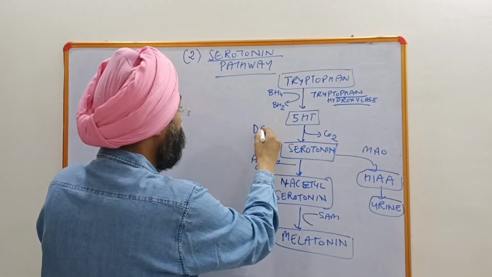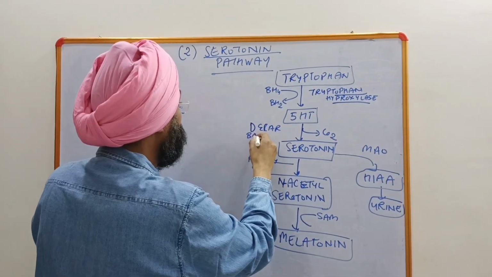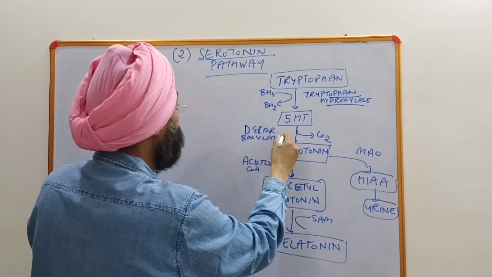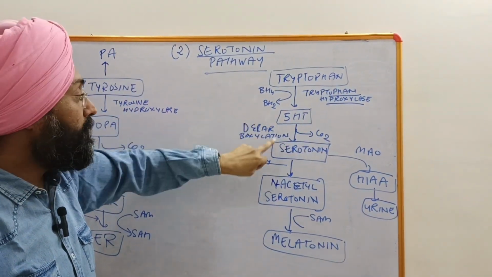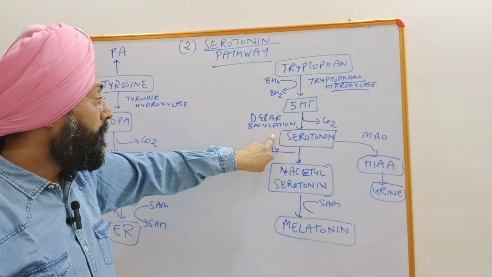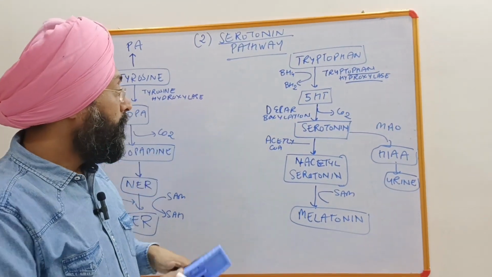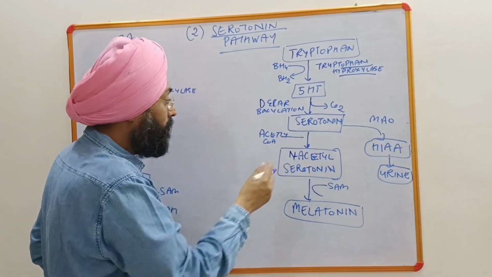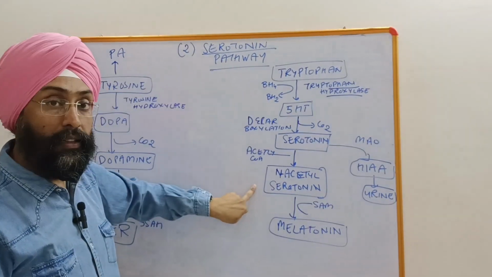So in the second reaction, we got 5-hydroxytryptophan, and we undergo decarboxylation, right? So this is a decarboxylation reaction, right? So we'll remove carbon dioxide, and 5-hydroxytryptophan is converted into serotonin, right? That is our happiness molecule, or it activates the brain, right? And serotonin will further undergo acetylation by acetyl CoA to form N-acetyl serotonin.